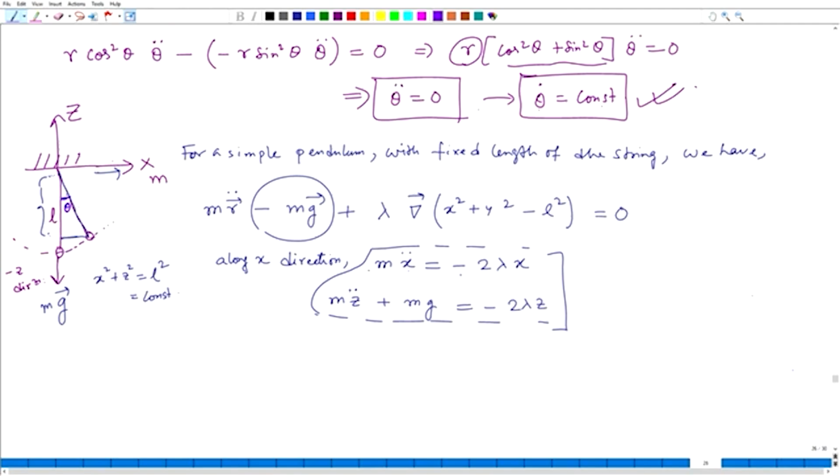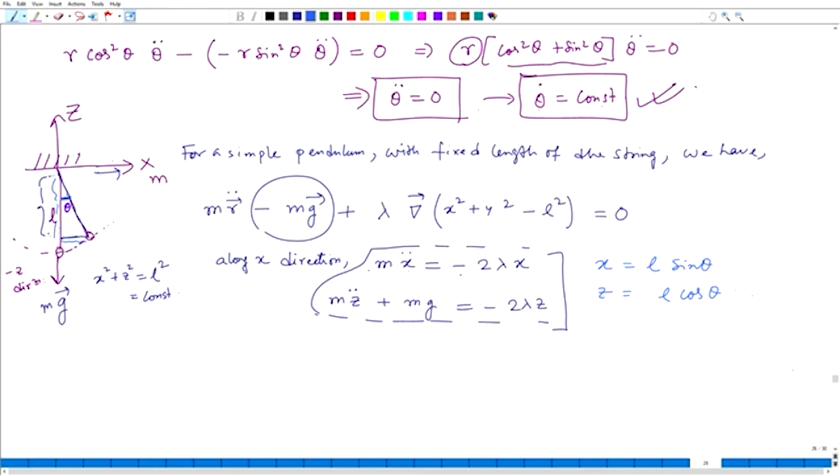So, x can be given by L sin theta and z is given by L cos theta, because if this is L and this is the angle theta, then this is L sin theta and this is L cos theta.